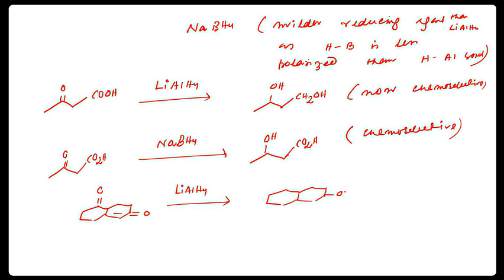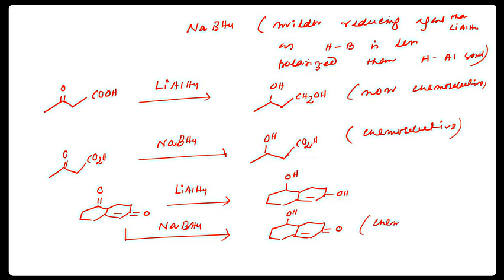That's why it reduces both. But what happens with the same compound and sodium borohydride? We know that this is a chemoselective reagent, so it will reduce the reactive carbonyl to alcohol, not this one. Why is this unreactive? Because this is an alpha beta unsaturated carbonyl, which is unreactive. So again, chemoselectivity is reflected by sodium borohydride.